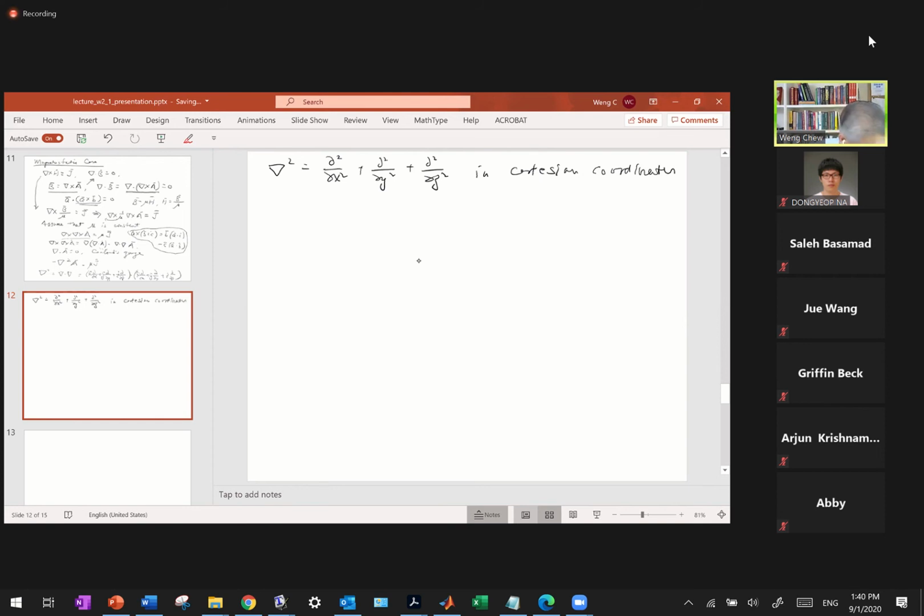Okay, so our duty then reduces to solving this equation: the Laplacian of A equals minus mu J.